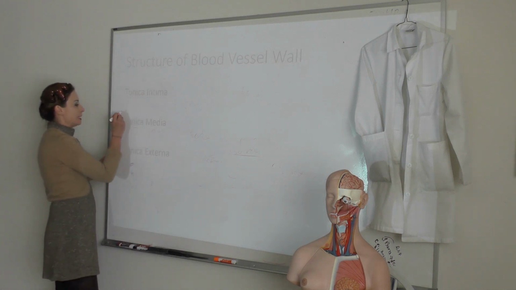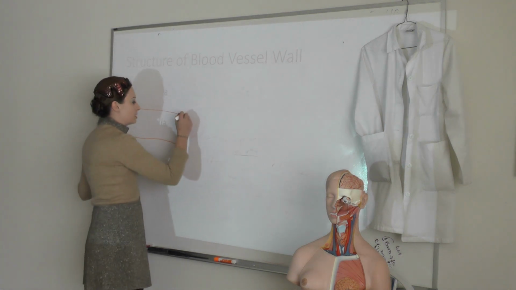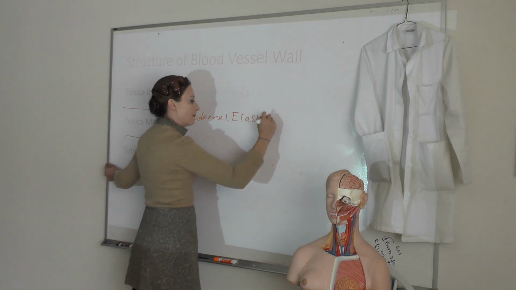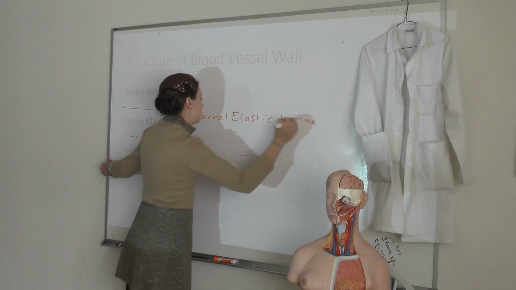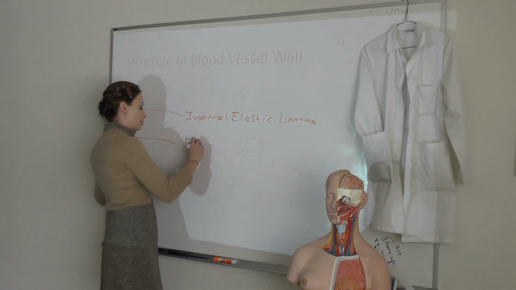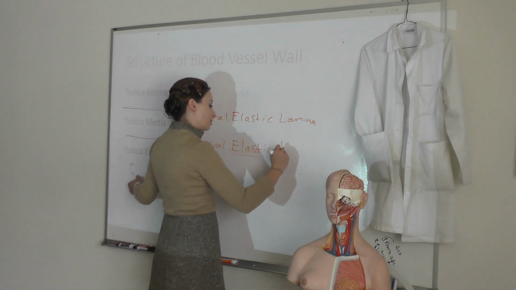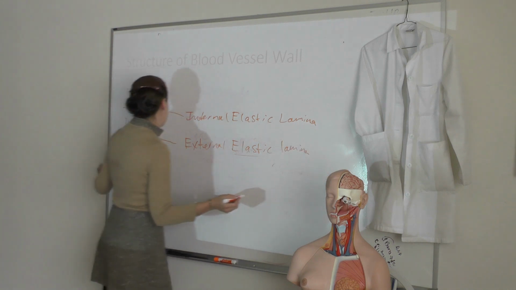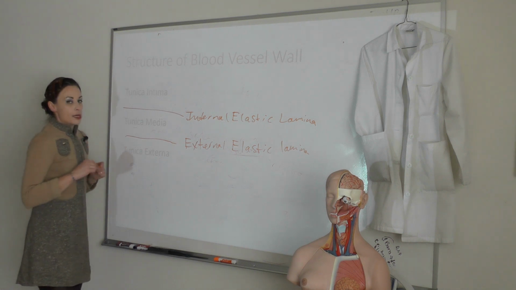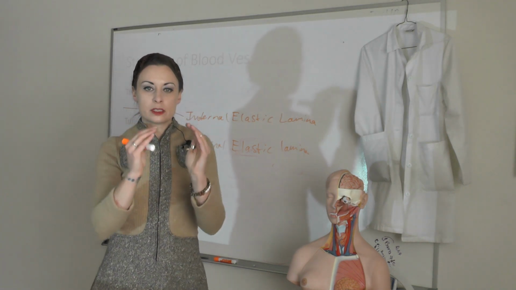We find the internal elastic lamina between the tunica intima and the tunica media, and then the external elastic lamina, which is between our tunica media and our tunica externa. And as we go from our arteries to capillaries, we get smaller and smaller.